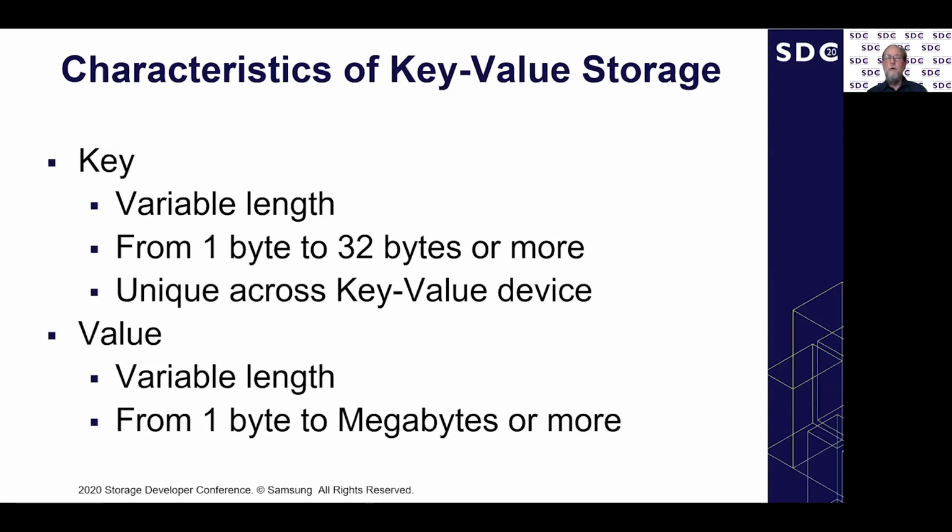You could, by protocol, make it unique across multiple key value devices, and depending on what your implementation and your application are doing, that may be a useful thing to do, but it is not required. The value is variable length. It is from 1 byte to megabytes or more, and we'll get into the exact size limits in NVMe further down as we talk about the NVMe standardization of key value.